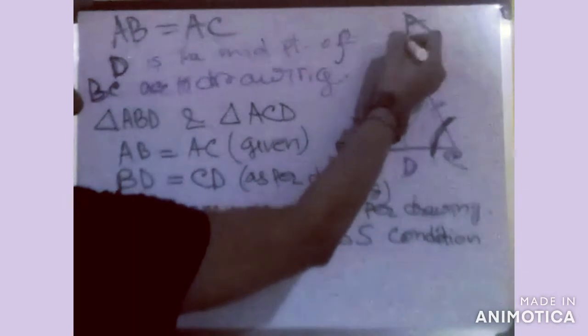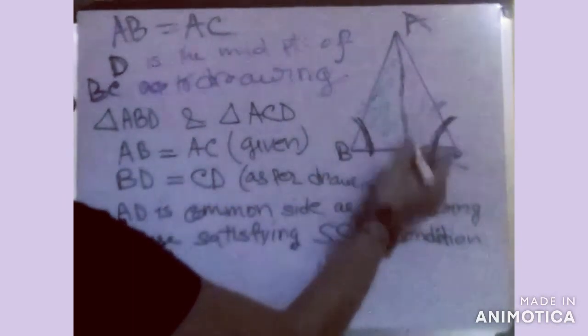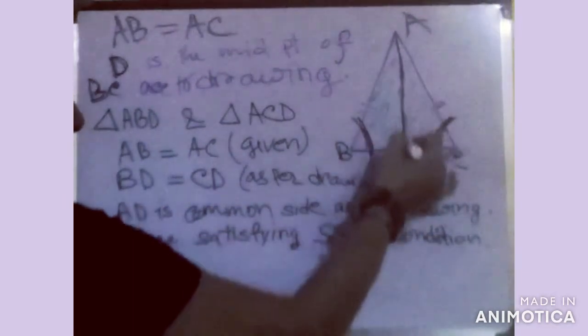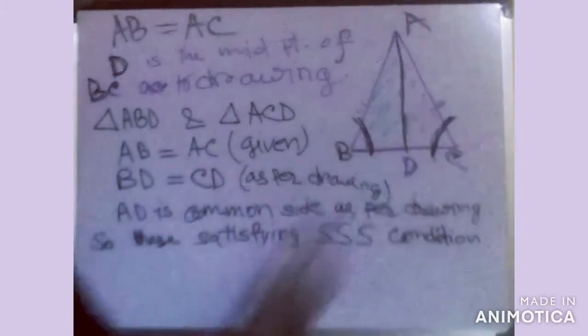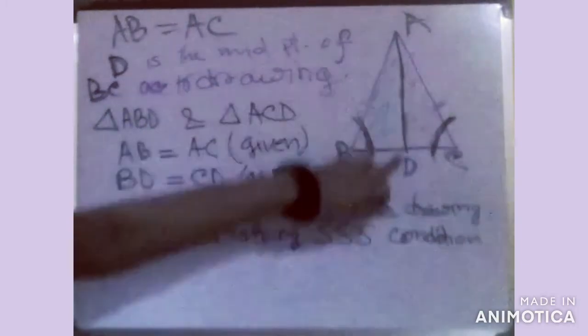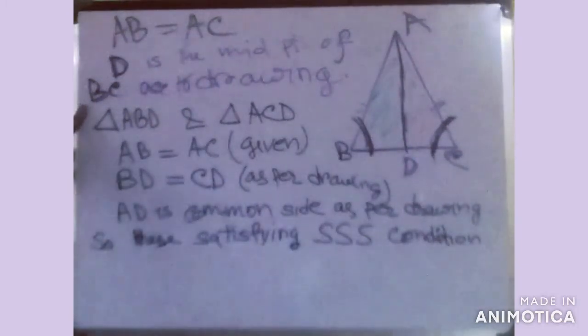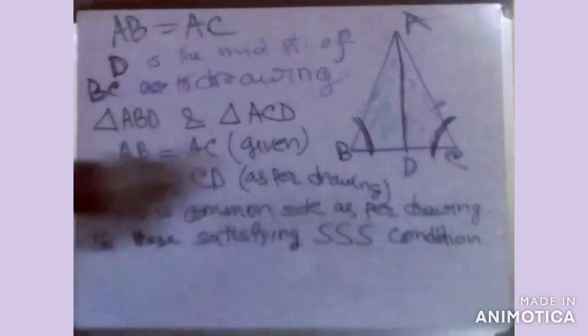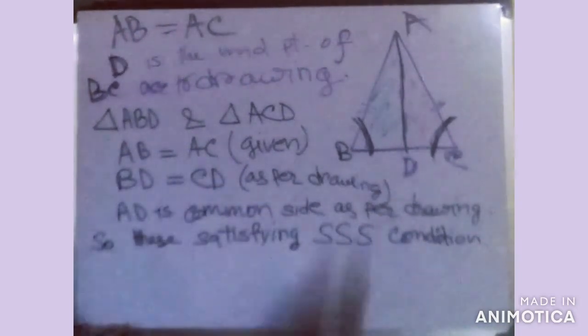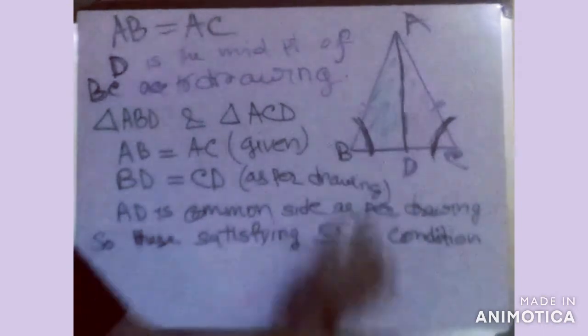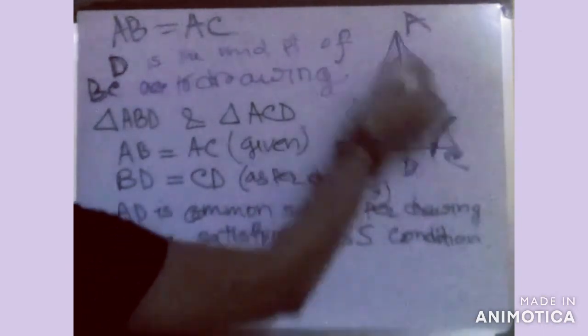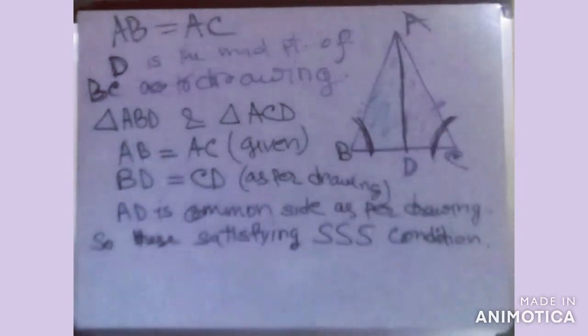We connected A and the point D. D is nothing but the midpoint of the side BC, and then we got AD. After joining AD, we are getting two triangles, one is ABD and another triangle is ACD.